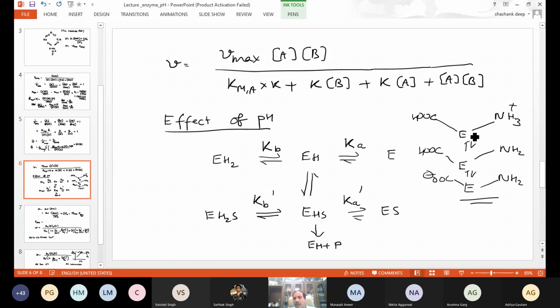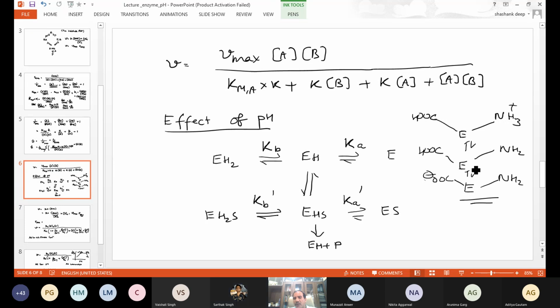If you go to the acidic form, both the carboxyl group and the NH2 group will be in the protonated state. In between, it will lose an H plus ion, and in the basic form, this will also be lost. So it can also be in a zwitterion form.